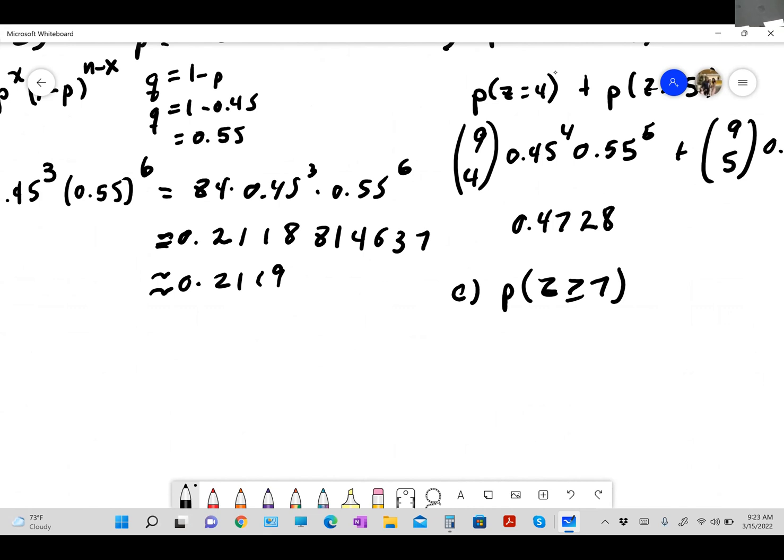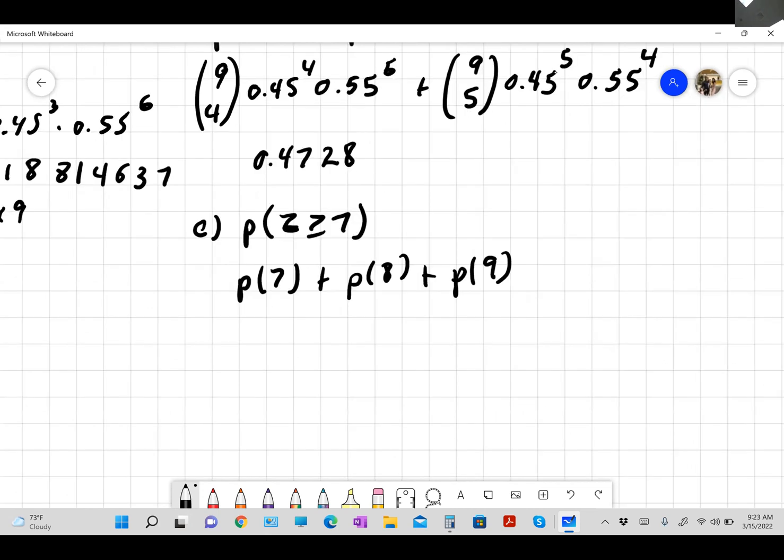You basically have to take the probability of 7 plus the probability of 8 plus the probability of 9. That's all you're doing, because those are where Z is greater than or equal to 7.